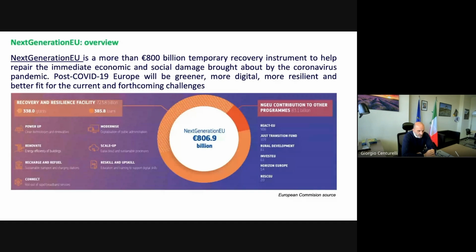We have established a specific program, the Just Transition Fund, under the responsibility of the Presidency of the Council of Ministers. That's all about the general framework of Next Generation EU.